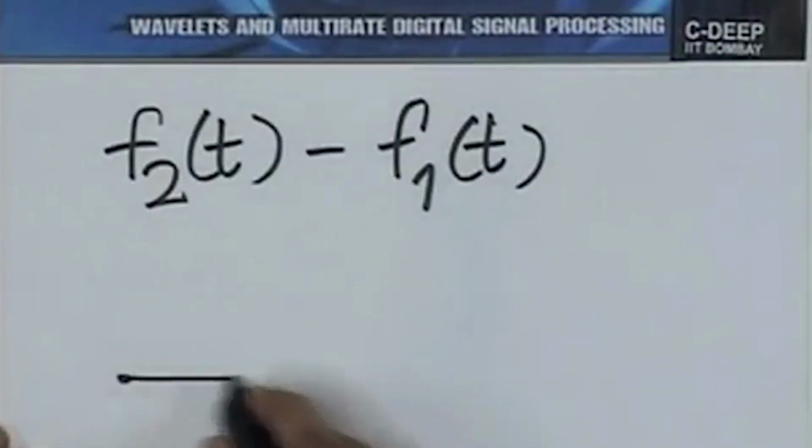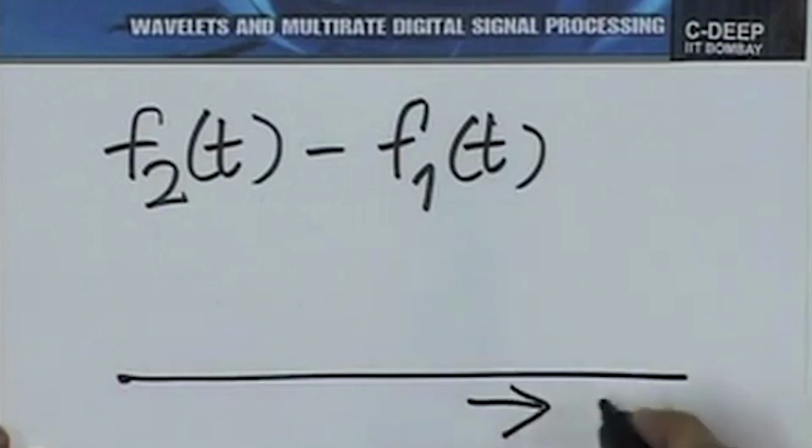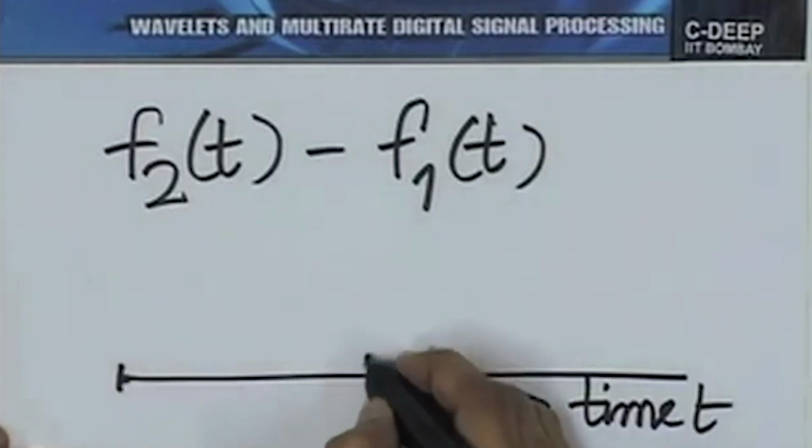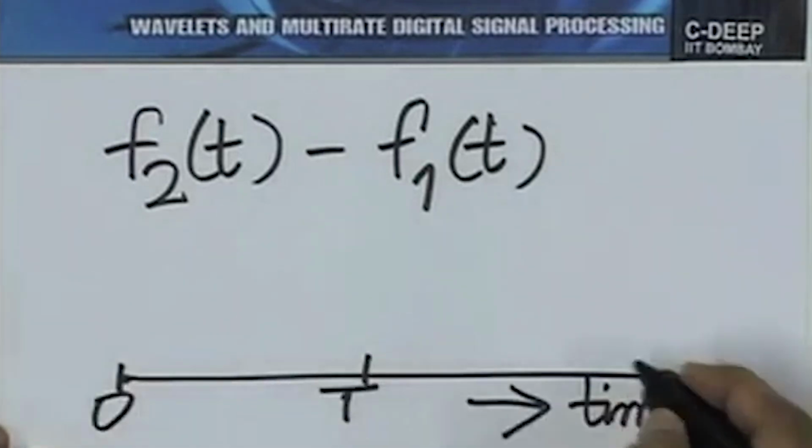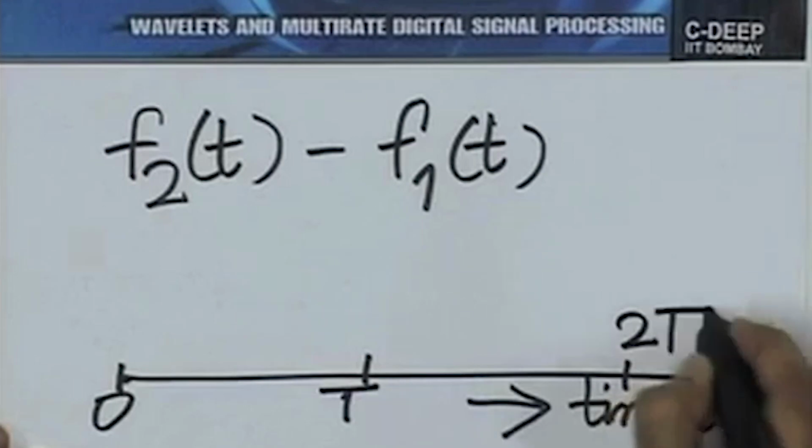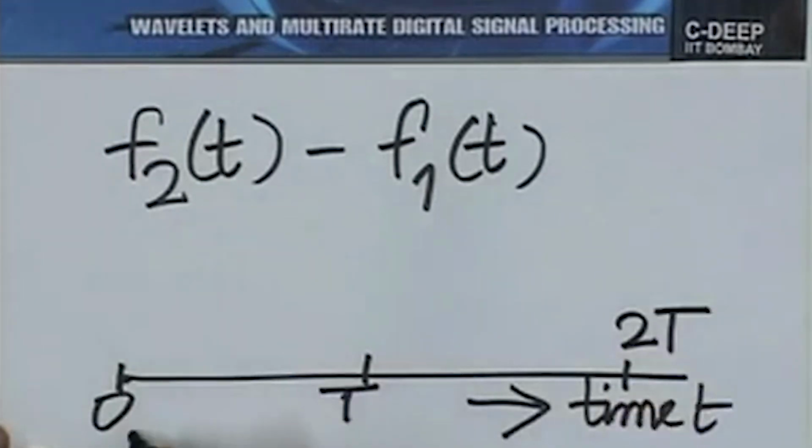So, I have the time axis here. So, if I mark the intervals of size T there, something like this.